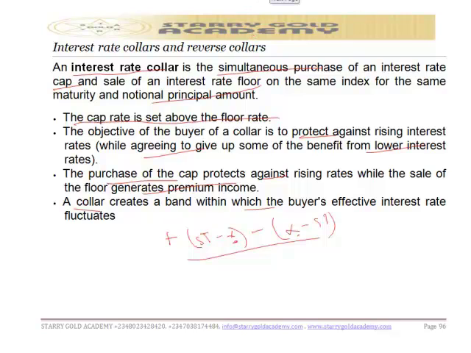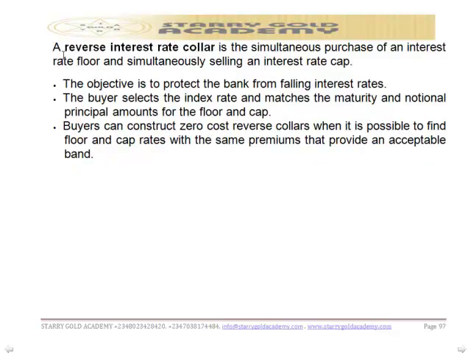We have the reverse collar. A reverse interest rate collar is the simultaneous purchase of an interest rate floor, the other side, and selling of an interest rate call. You sell the interest rate call, ST minus X, and you buy the interest rate put.